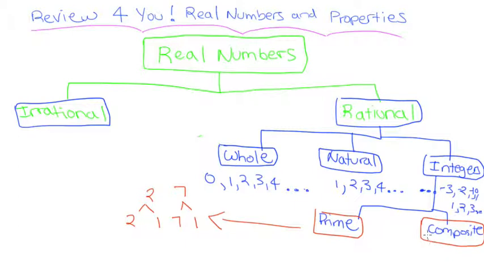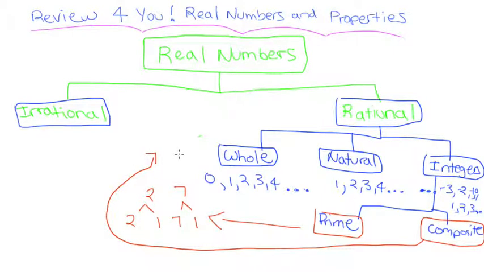All the rest of the numbers greater than 1 are composite. Composite numbers are any integer greater than 1 which has more than 2 factors. So let's take 6 for example. The factors of 6 are 1, 2, 3, and 6, because we can multiply 1 and 6 to get 6, and we can multiply 2 and 3 to get 6.